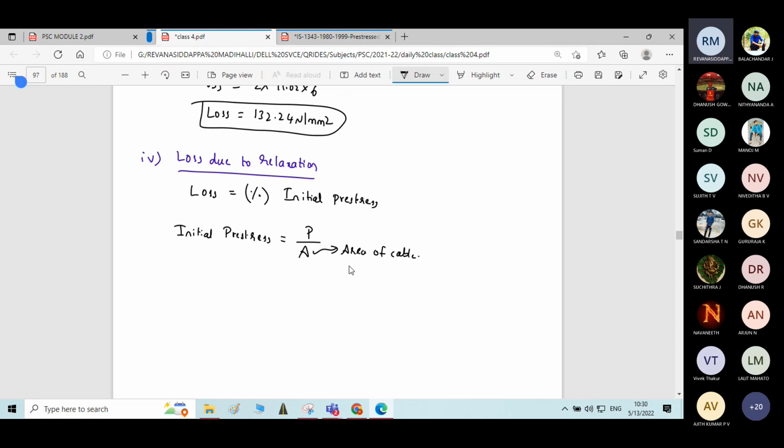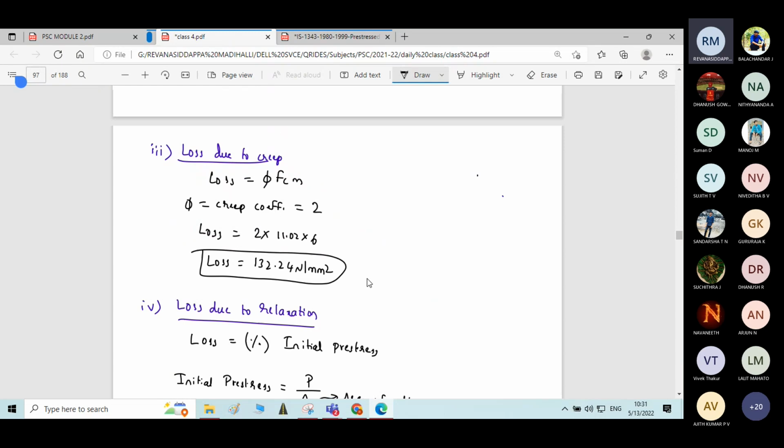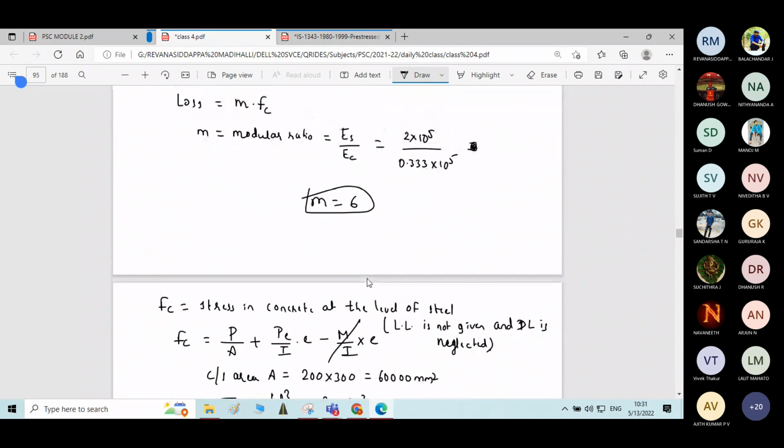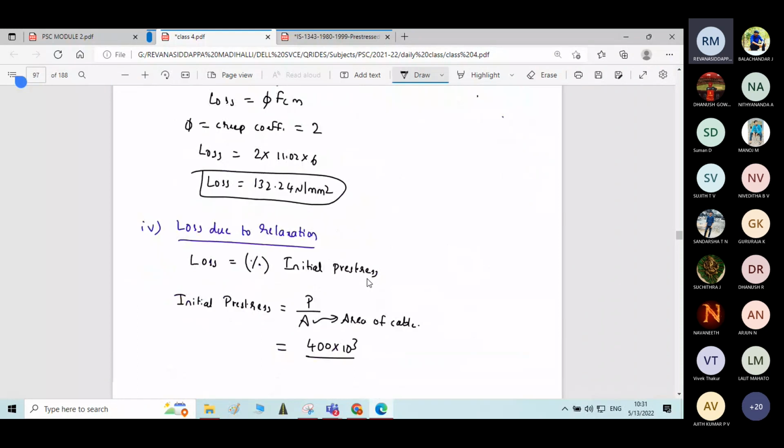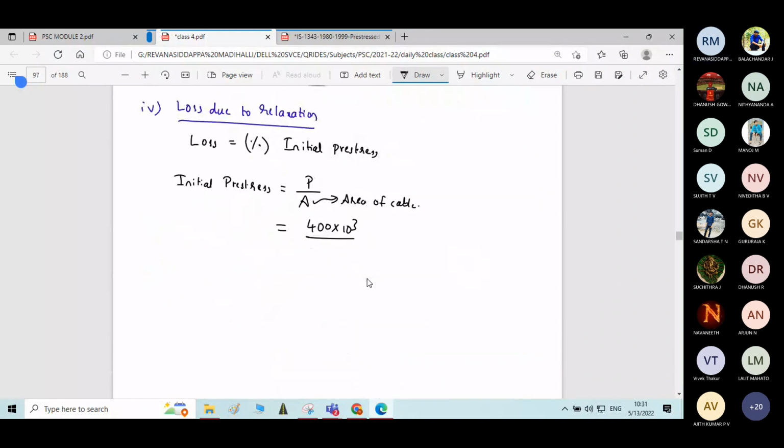You are calculating pre-stress in the steel, therefore load divided by area of steel. The load P is 400 into 10 power 3, and area of cable is given as 400 mm square. Divided by 400, you will get initial pre-stress as 1000 Newton per mm square.